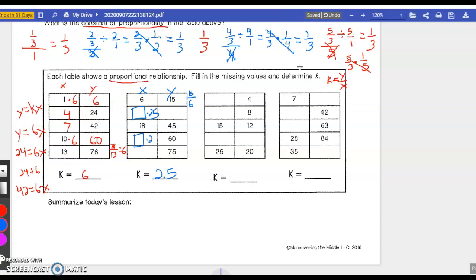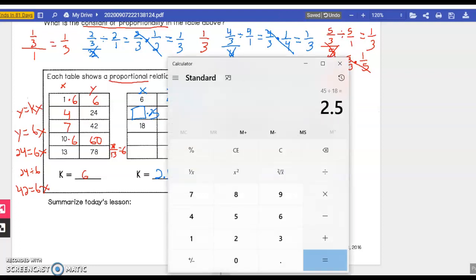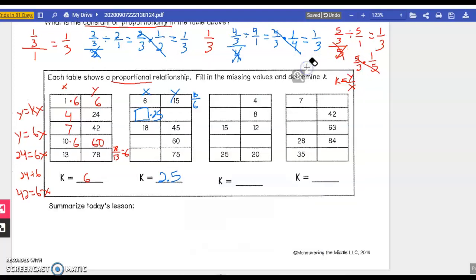Whatever's here times 2.5. Now remember, we think of it going the other way as we go 60 divided by 2.5. Don't write it like that though. So if I go 60 divided by 2.5, I get 24.